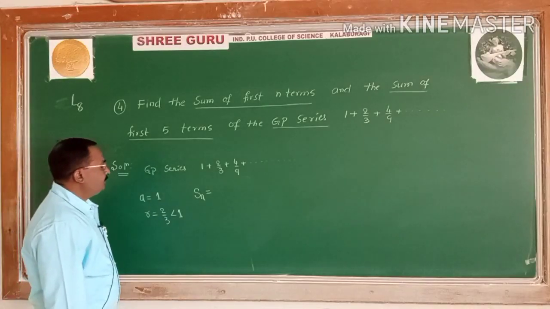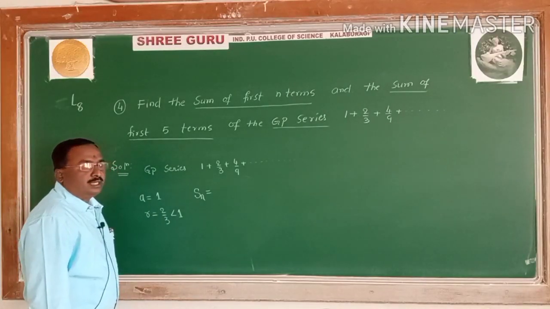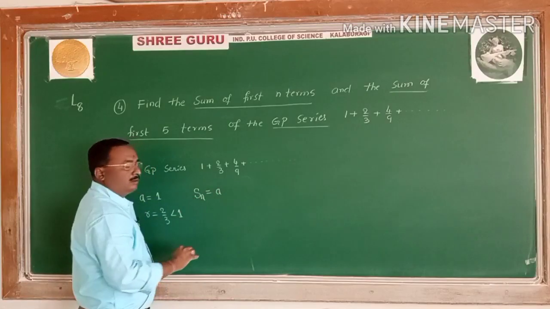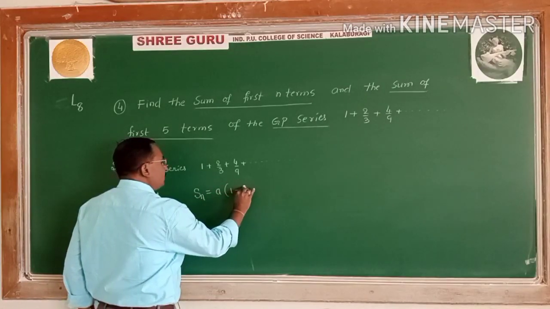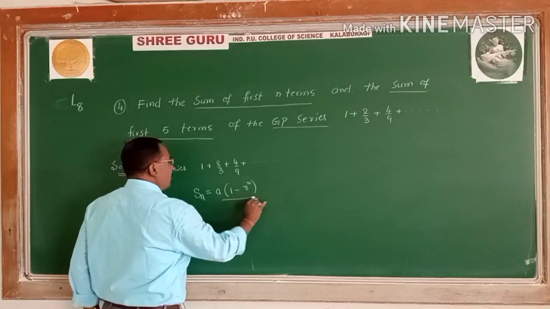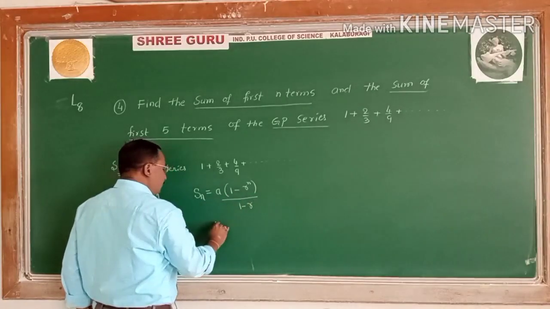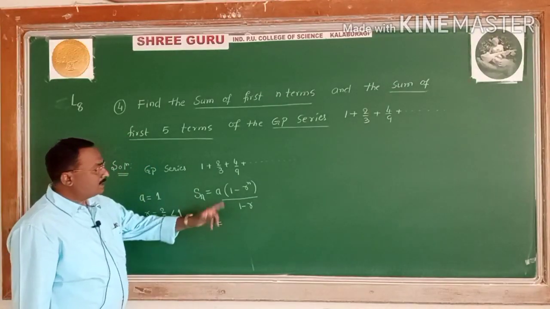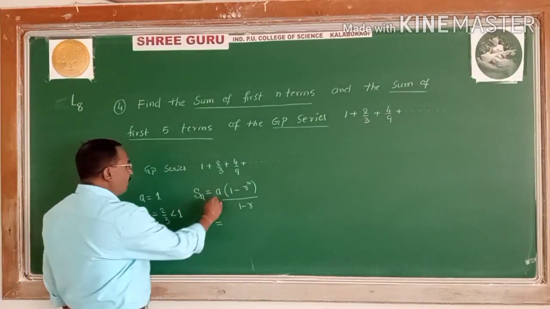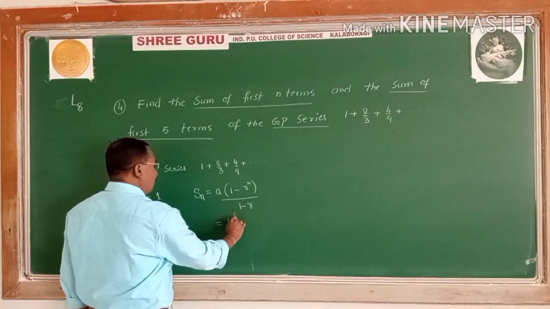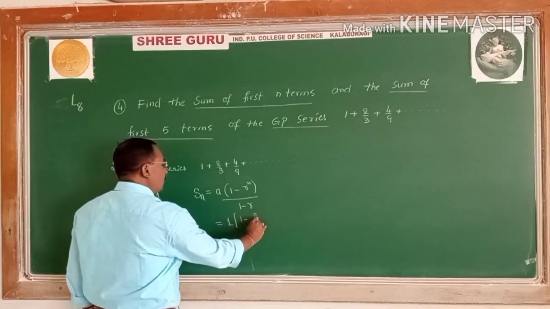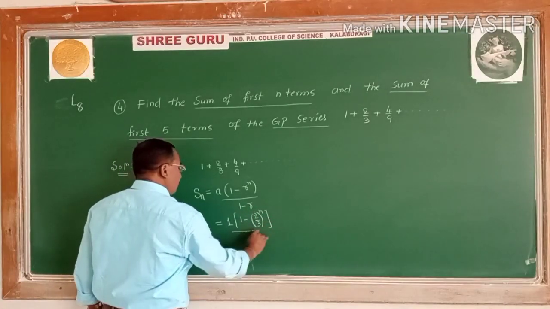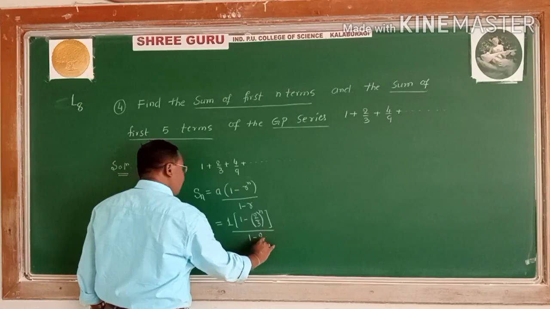So Sn is equal to A times 1 minus R to the power n divided by 1 minus R. This is the formula for the sum to n terms of a GP if R is less than 1. A value is 1, so 1 minus 2 by 3 whole to the power n divided by 1 minus 2 by 3.